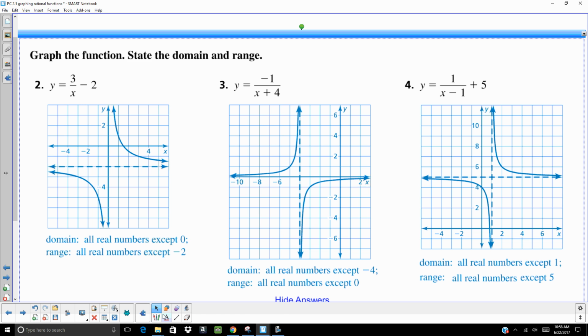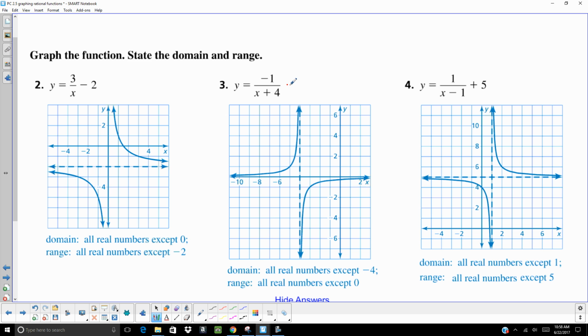On this one, if you wanted to, you can think of it as plus 0 at the end. That's why you're going to have a horizontal at y equals 0. Your vertical is at x equals -4. On number 4, your vertical is at x equals 1, and your horizontal is at y equals 5.